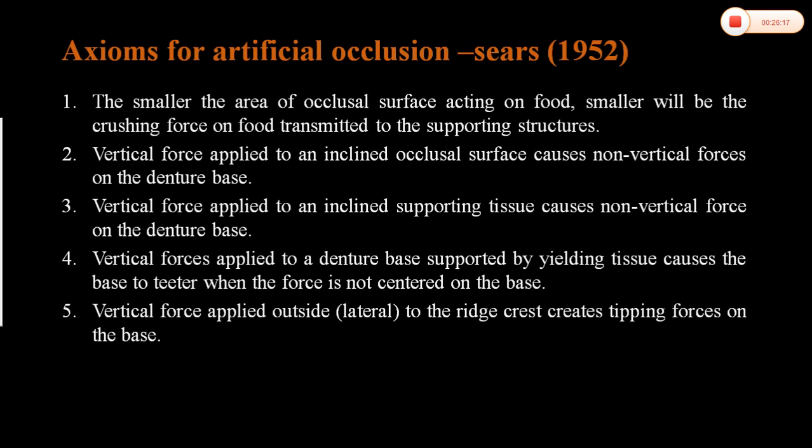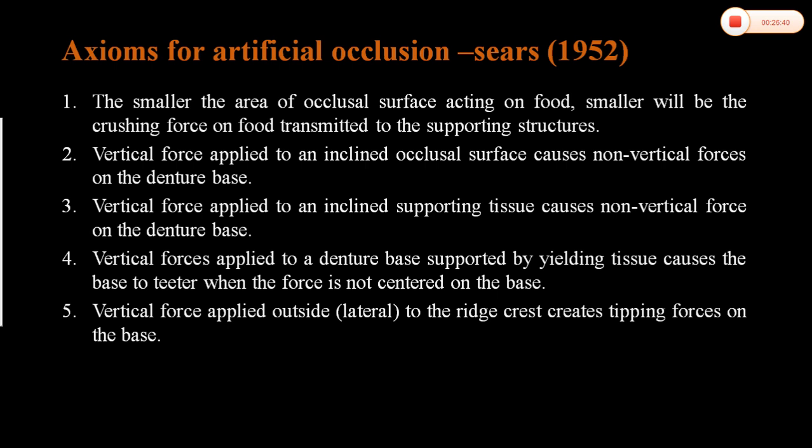And this is very, very important. CS has given axioms or standards for artificial occlusion. So what are the protocols or standards we have to follow for artificial occlusion? The smaller the area of occlusal surface acting on food, the smaller will be the crushing force on the food transmitted to the supporting structures.